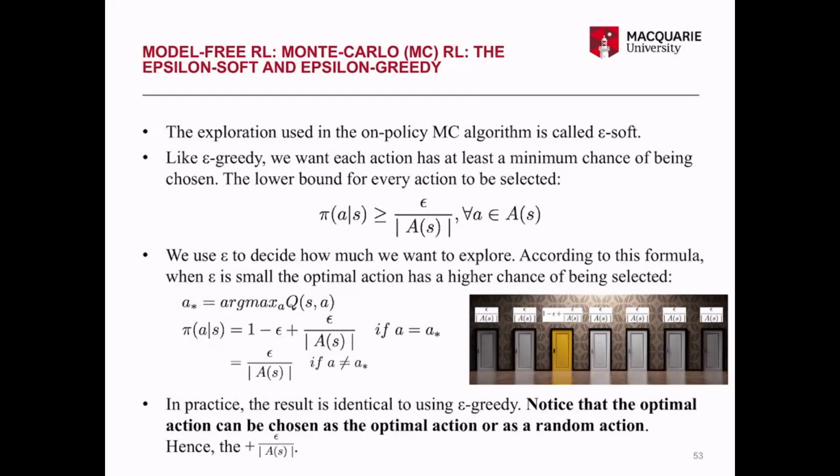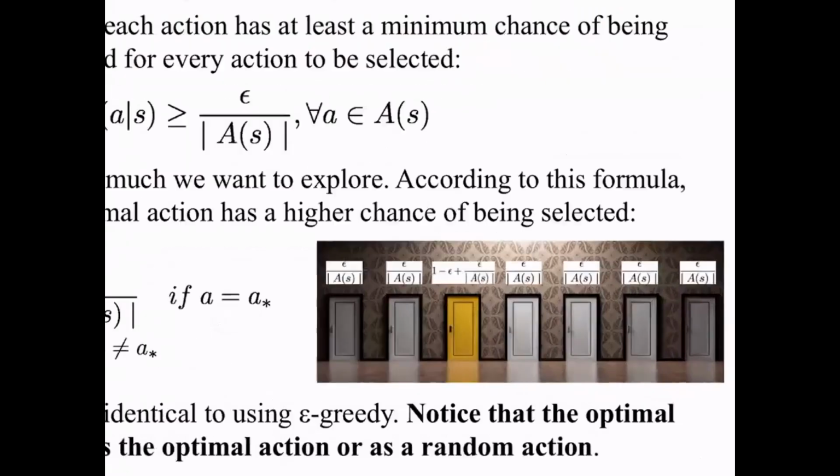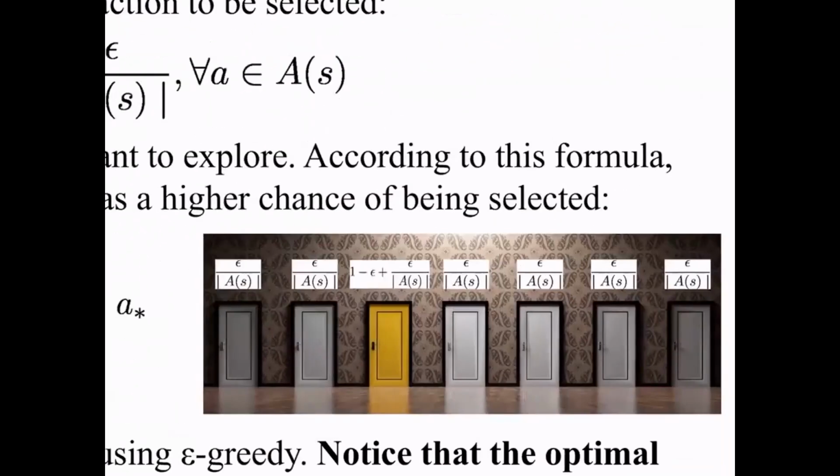Just notice something, no matter which one we use, epsilon soft or epsilon greedy, in each state, the best action has the chance of 1 minus epsilon. So in this image, you can see that the best action has the chance of 1 minus epsilon plus epsilon over the number of actions to be chosen, and the rest each has just epsilon over the number of actions.